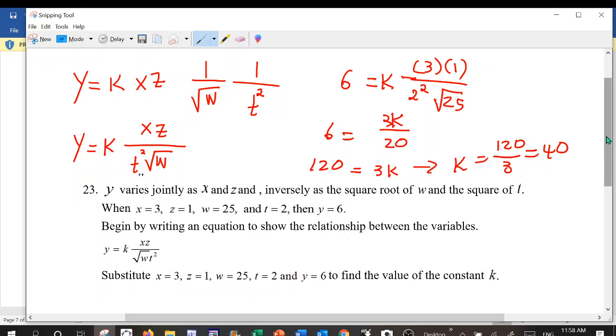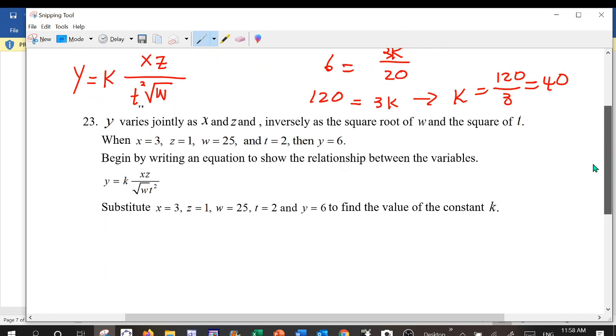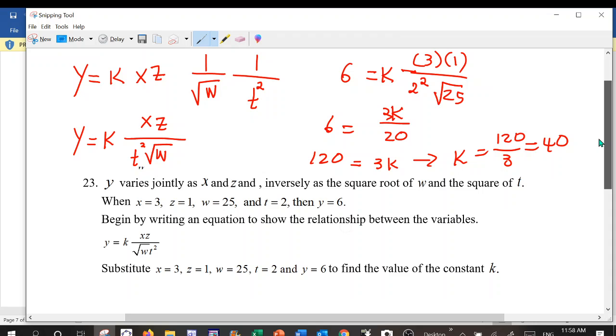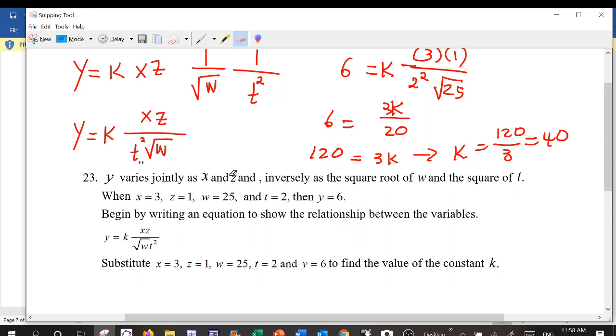So that's the formula for this. So the formula is going to be y equals 40xz, and then divided by t squared times the square root of w.